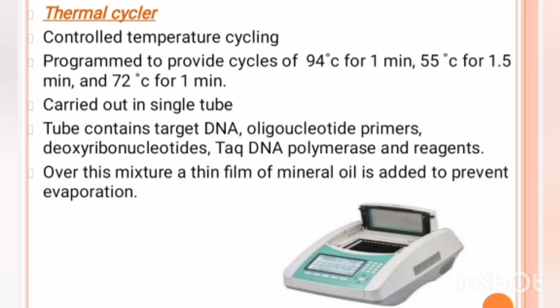These three act as cofactors for the enzyme reaction. These reagents help to maintain the pH between 6.8 and 7 during the thermal cycling.